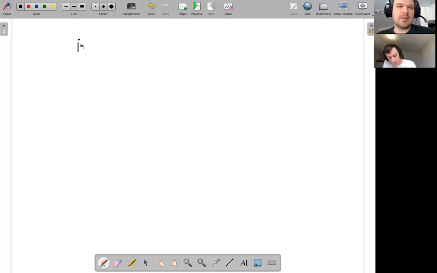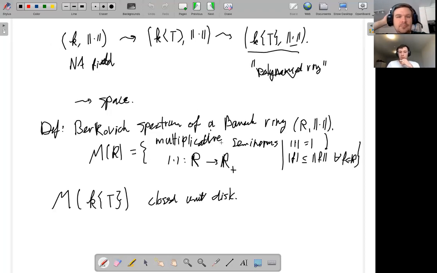Sorry, these are semi-norms. These are actually those points for which you need semi-norms and not just norms. So here we have the Berkovich spectrum of the Banach ring, which is just multiplicative semi-norms, so not real norms. This means that they can take zero value on elements other than the zero element of the ring.